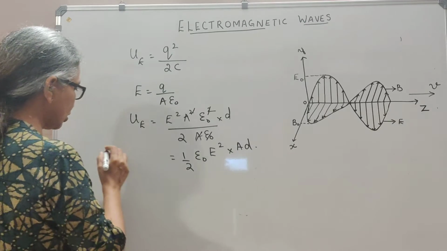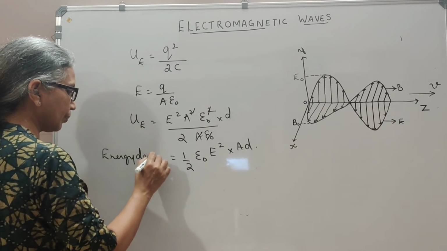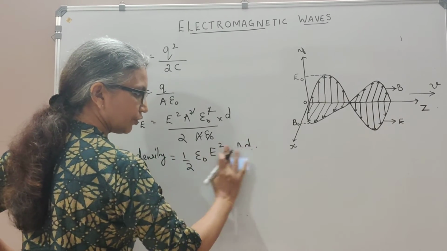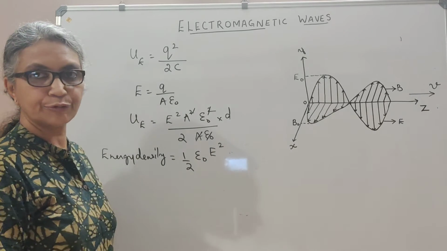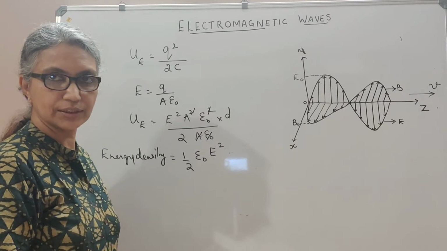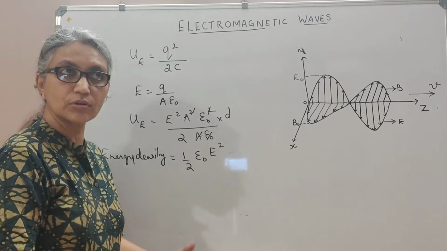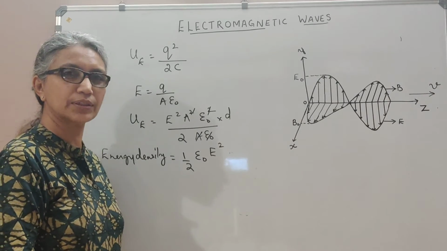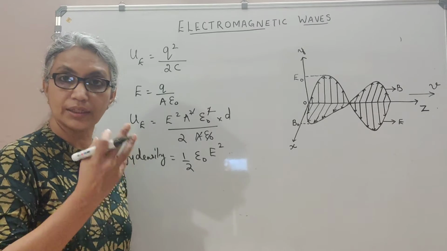So, energy density here will be given by half epsilon0 E square, because you divide by the volume, which is area into d. So this is the electrical energy density, which we derived in chapter 2. We also did the same thing for magnetic energy density in chapter 6, where we talked about the energy stored in an inductor.